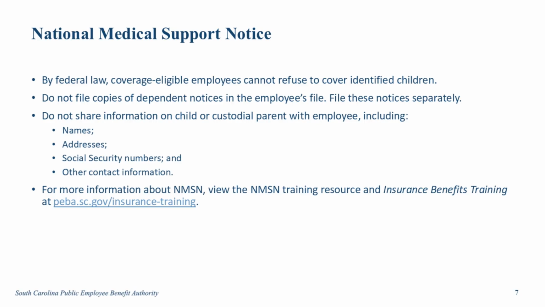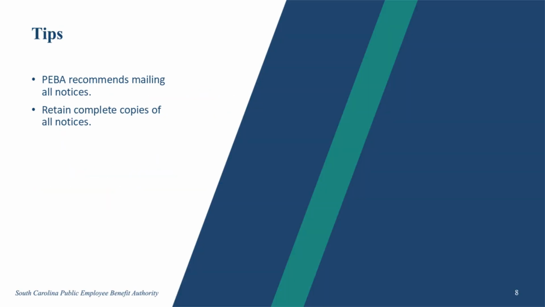This includes names, addresses, social security numbers, and other contact information. For more information on National Medical Support Notices, check out NMSN Training Resource and Insurance Benefits Training at peba.sc.gov/insurance-training. Here are a few tips about the initial COBRA notice.